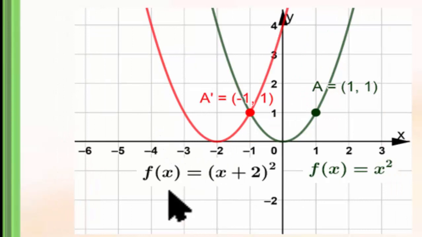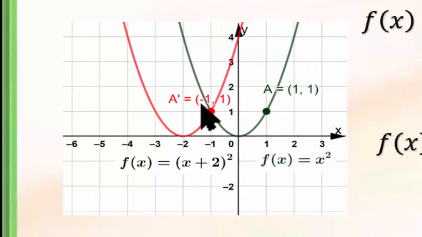Therefore the equation becomes f(x) equals (x plus 2) squared, and the point A(1, 1) goes to the point A'(minus 1, 1). Subtracting 2 units from x, which is 1, 1 minus 2 is minus 1.